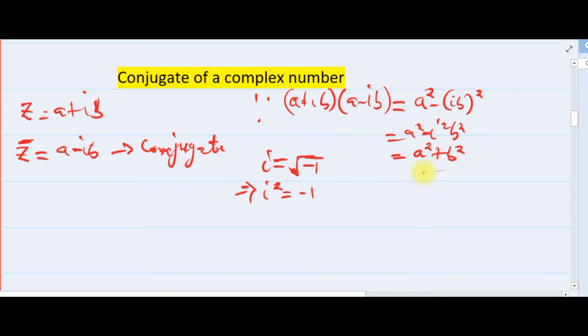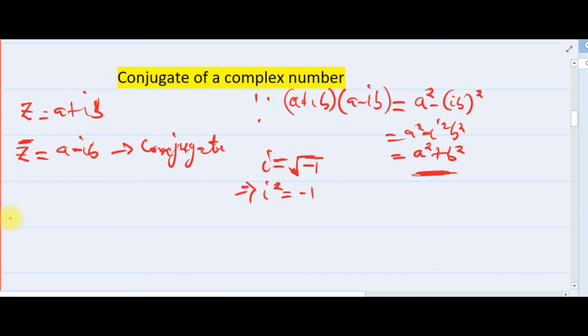So what do you notice? We don't have any imaginary part again. So anything that removes the imaginary part is called the conjugate. We denote it by putting a bar on top of the Z. So that's the conjugate.